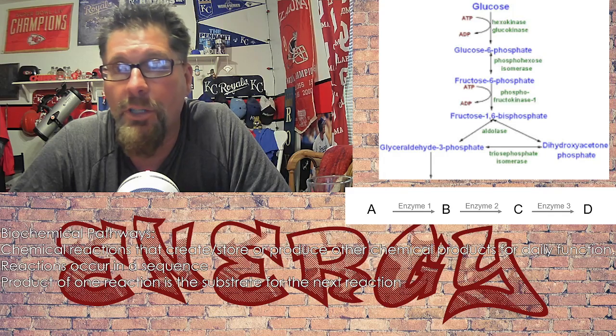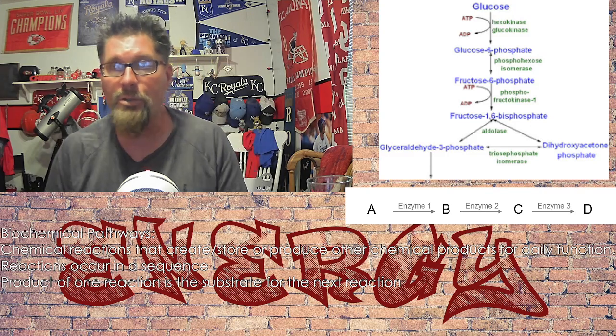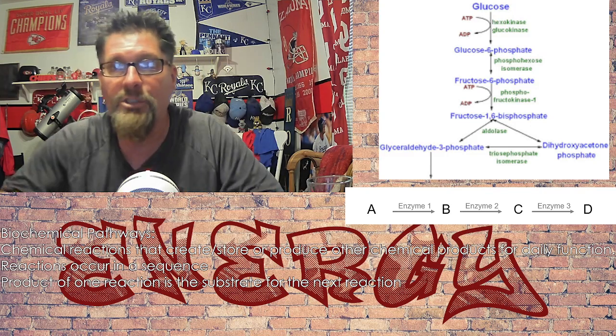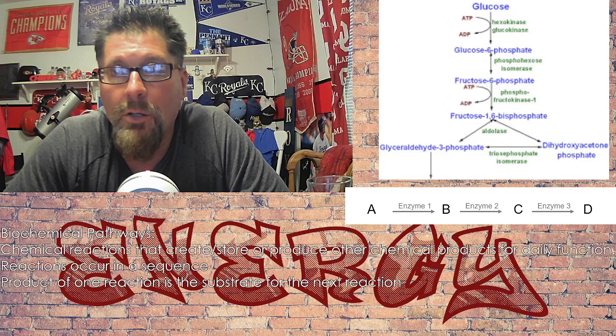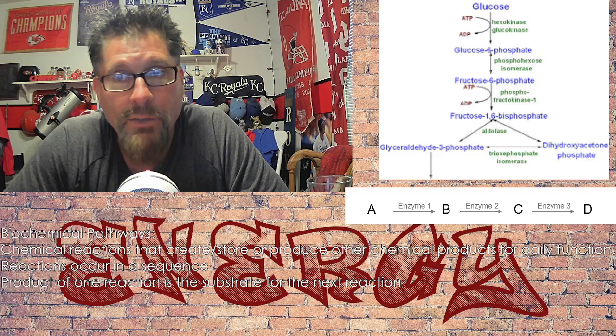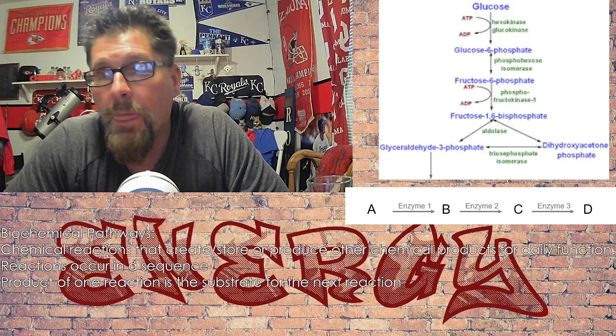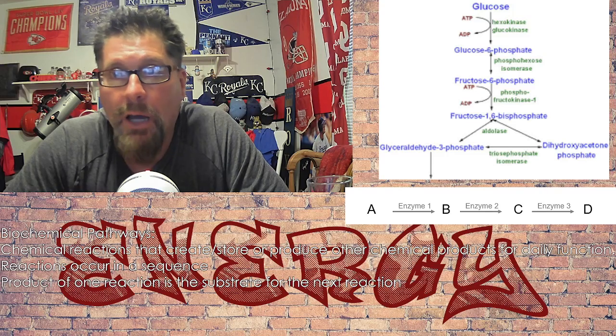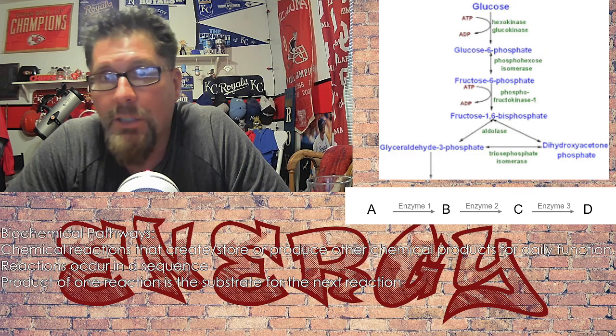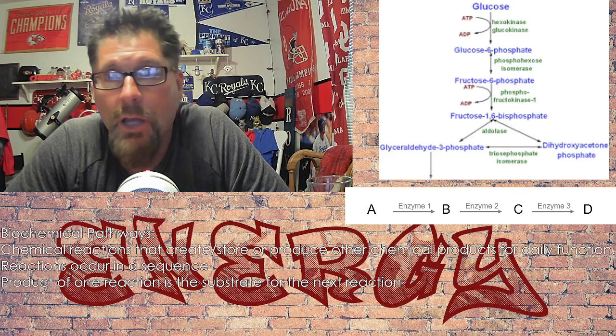So you can see that glucose, an enzyme comes in, and the glucose would attach to the active site, okay, and the work would be done. And now you've got glucose 6, which means it's got 6 carbons, and you've got a phosphate.